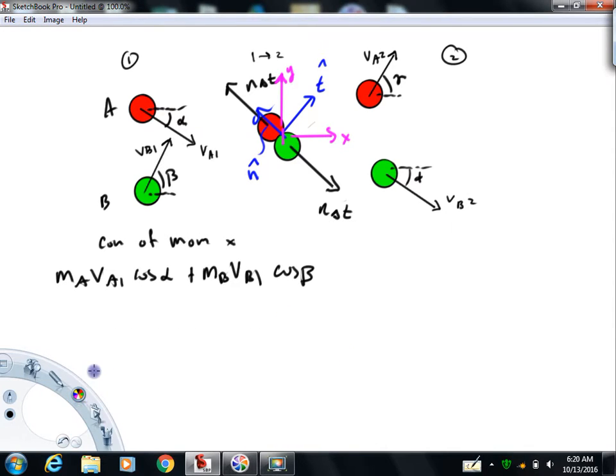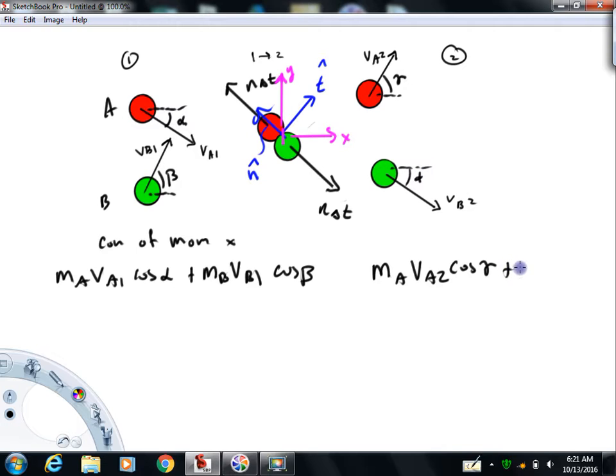Okay, now, the net momentum after impact. This guy has a momentum of MAVA2, which would be the hypotenuse of the momentum vector, multiplied by cosine of gamma to give me the x component. Right, this vector right here needs to be multiplied by cosine phi to give the x component.